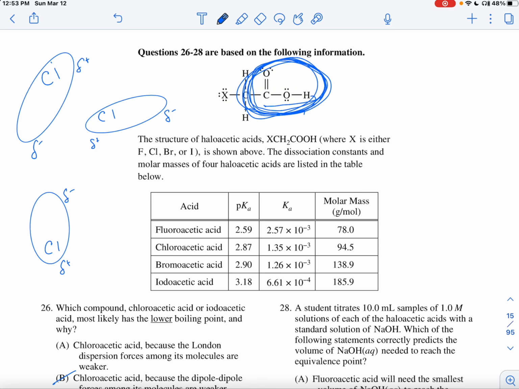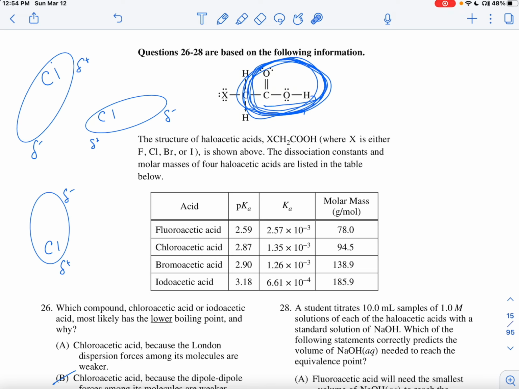The other thing to know about LDF is that the more electrons there are, the stronger the LDF will be. And that makes sense, right? Because you're going to have more electrons moving around. So if there's more electrons that go here, it's going to be more negative and then more positive here. It's always going to be pretty weak, but the stronger it will be.